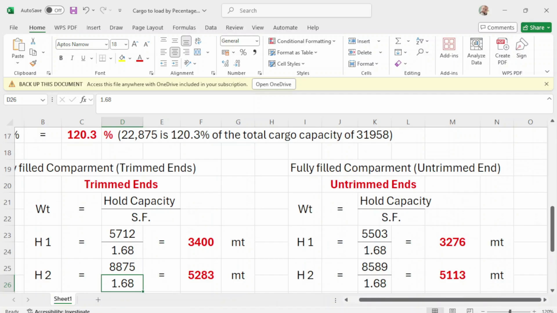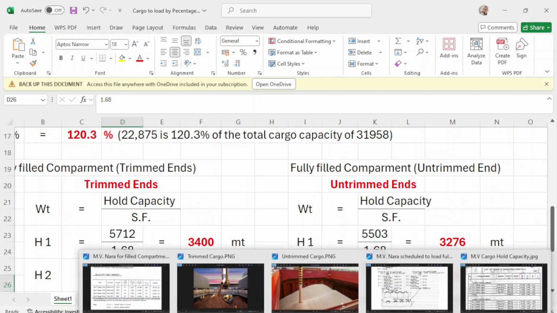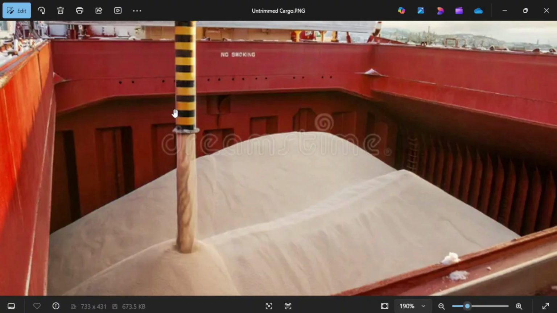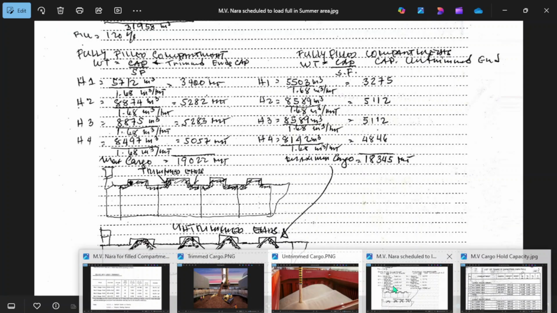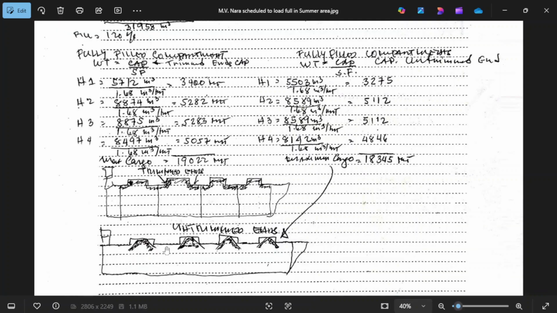When you say untrimmed ends, the condition will be like this: you have more space on the side, or this one, you have more space here, small space here, small space here on the side. Okay, so this is all about trim and untrimmed cargoes.